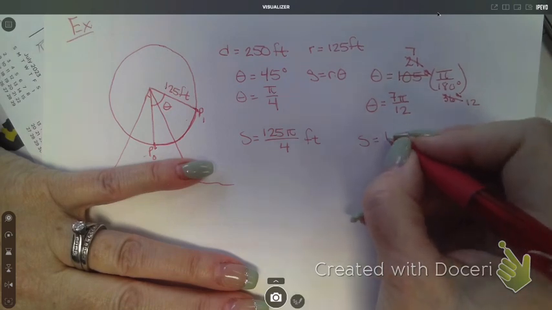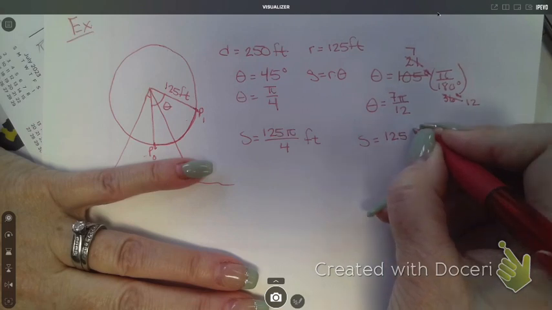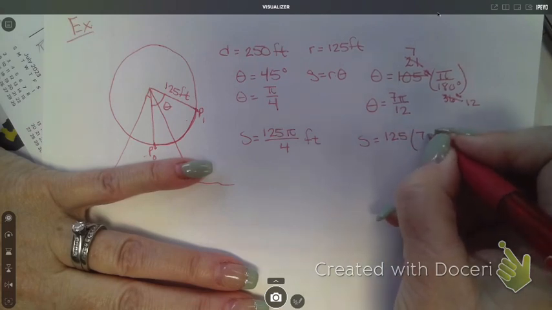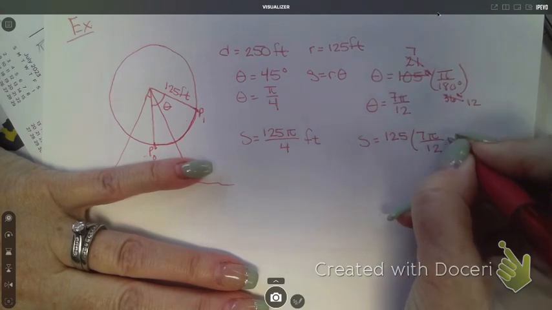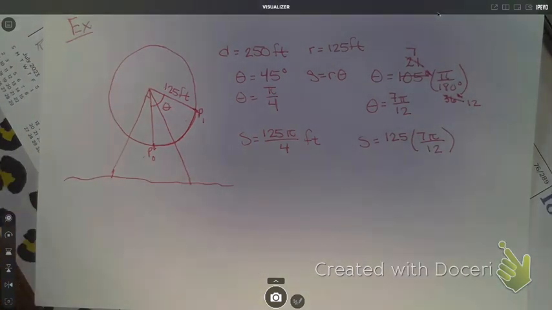Okay. Then, what's my position at 105 degrees? So that would be 125 times 7 pi over 12. Can I reduce 125 and 12? No, because the only thing would be 3, if anything, right? And 1 plus 2 plus 5 is 8, and 3 doesn't go into 8.